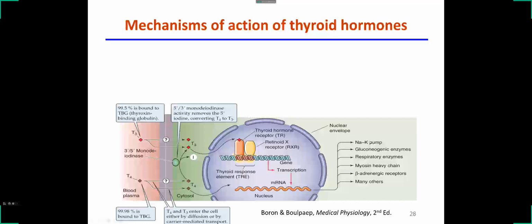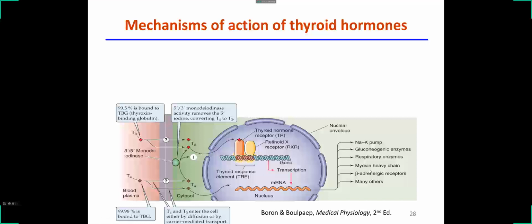These messages, one, will drive sodium-potassium pump changes. It will drive gluconeogenic enzymes, which have to do with your metabolism. It will drive respiratory enzymes, again having to do with cell metabolism. It will drive myosin heavy chain, which can influence trafficking.